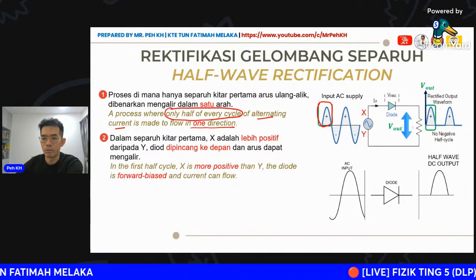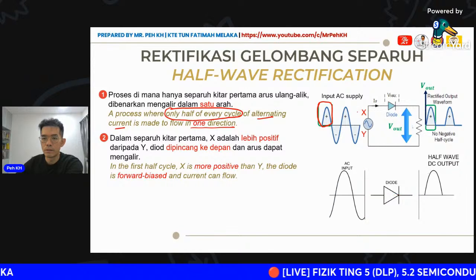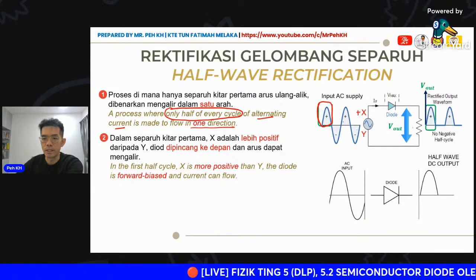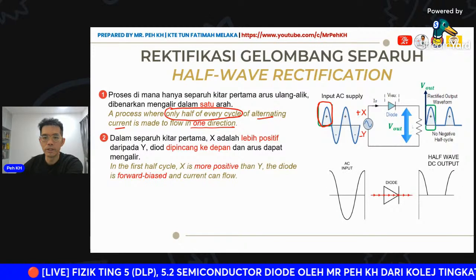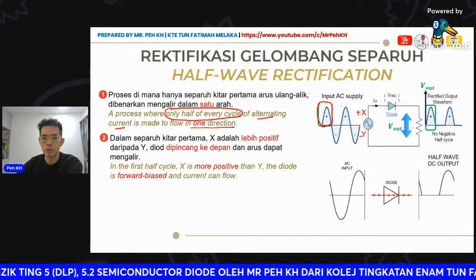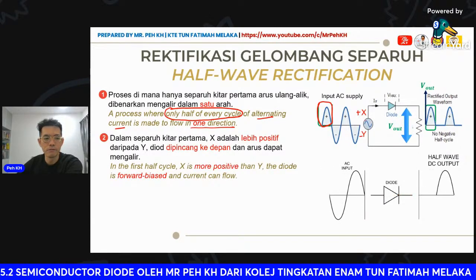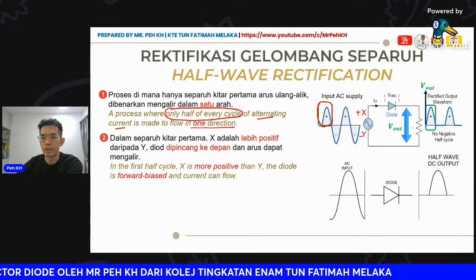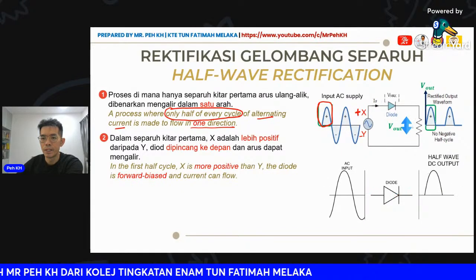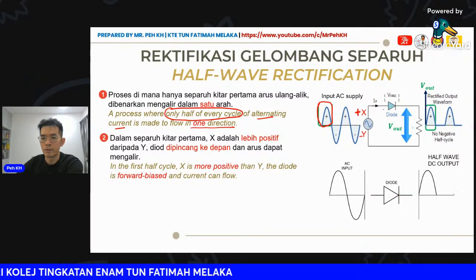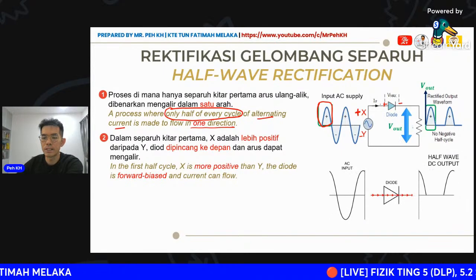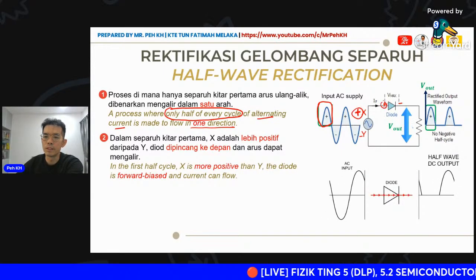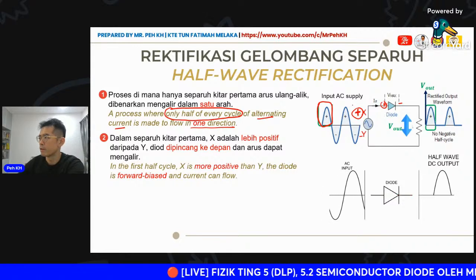So here we have X and Y. Here is positive and here is negative because of the first half cycle. Okay, so the diode is connected forward bias. You can see when this is positive, with the diode symbol here, this is positive, this is negative, and these two terminals are connected with the same polarity.